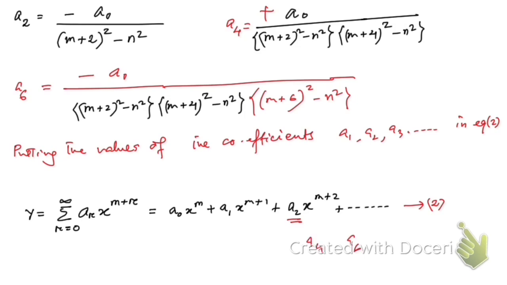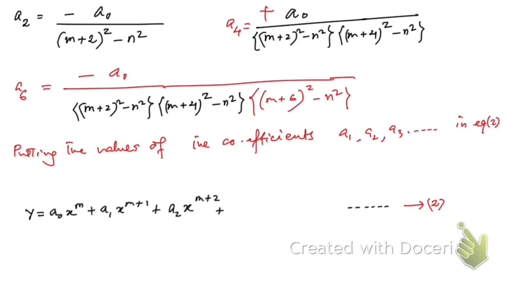Then putting those values, this series will be equal to, let me show you something. First let me cut this. Now if you see this series, let me write here.